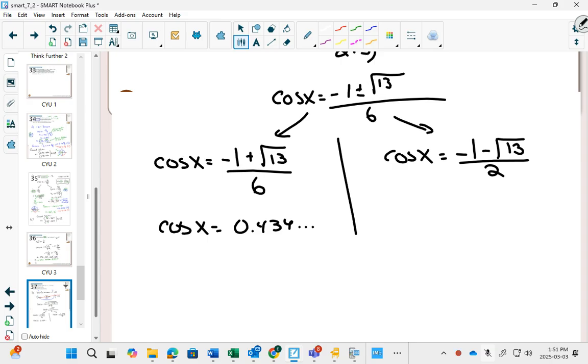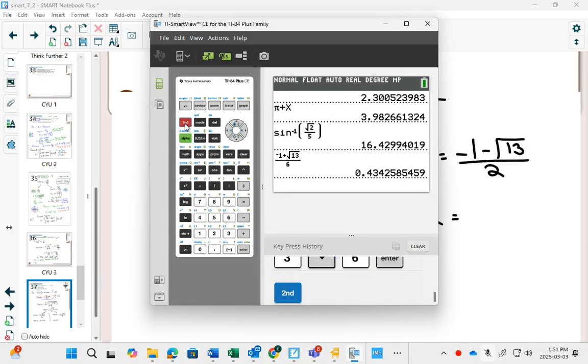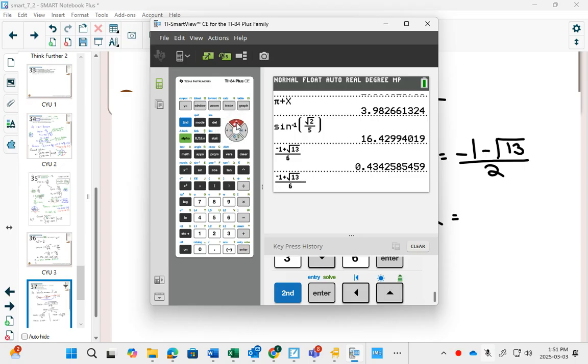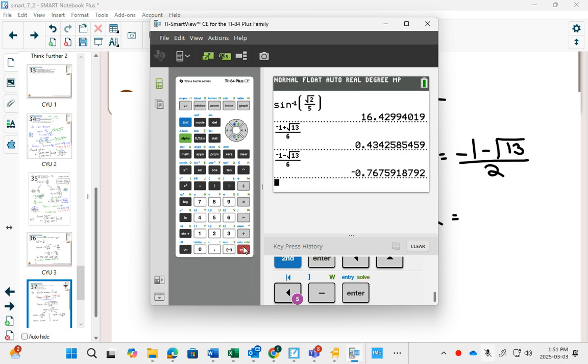So I can see this one is positive. This is going to be in quadrant 1 and 4. This side, I know it's negative, but I'm going to check it with my calculator as well. Subtract. Enter. Negative 0.767.